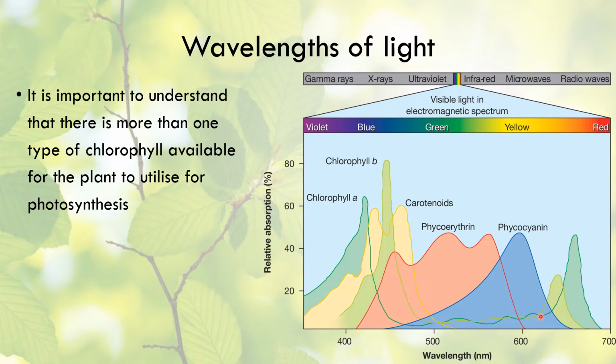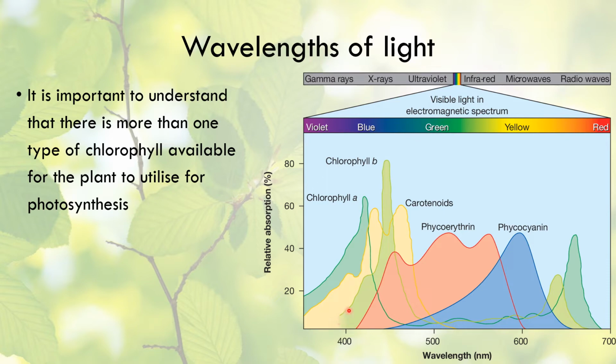Yellow, again, not really much happening, but then we hit towards the orange-red spectrum, and again we have another peak here. So the chlorophyll A is able to work in orange to red wavelengths and in blue wavelengths. So blue and orange to red is where it absorbs the most energy.